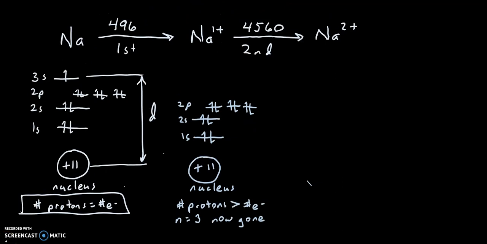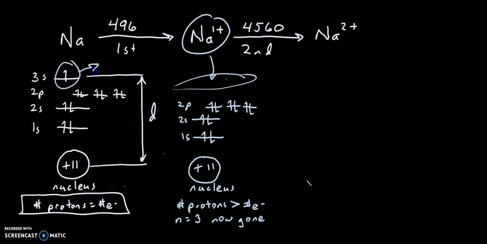Now, the electronic structure of a sodium 1+ ion would look like this, where we now see that energy level 3 is completely missing, because when we removed this 3s electron to create the 1+ ion, there are no longer electrons remaining in energy level 3, so that energy level is no longer part of the atomic structure. The distance between the outermost electrons and the nucleus is now much, much smaller.